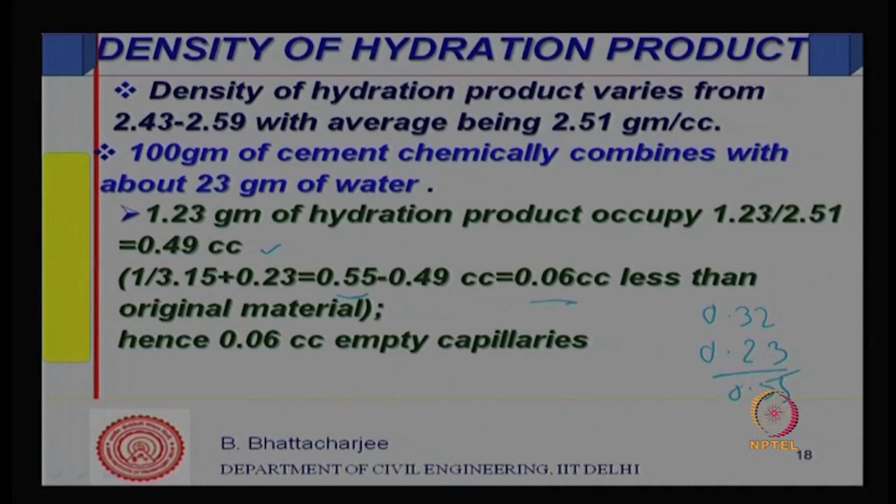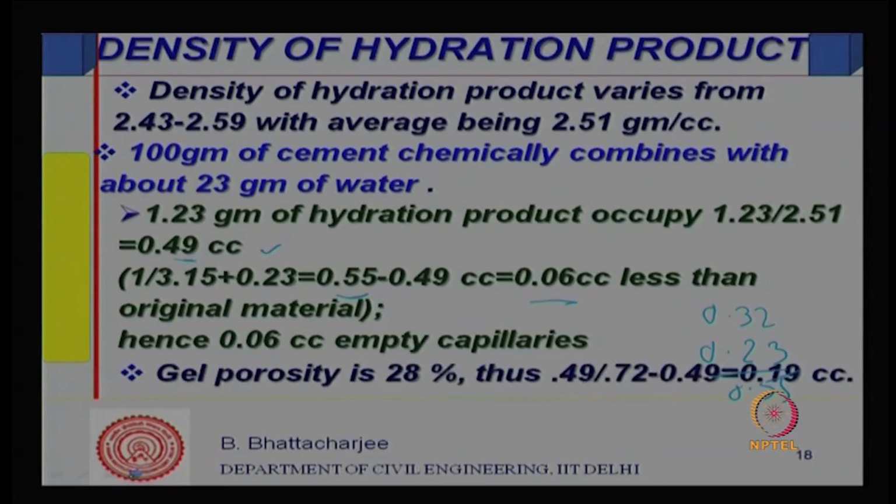But this 0.49 actually has internal pores, typically 28%. So, 0.06 cc of water remains aside, but the 0.49 will actually occupy much higher volume because of the 28% characteristic porosity.